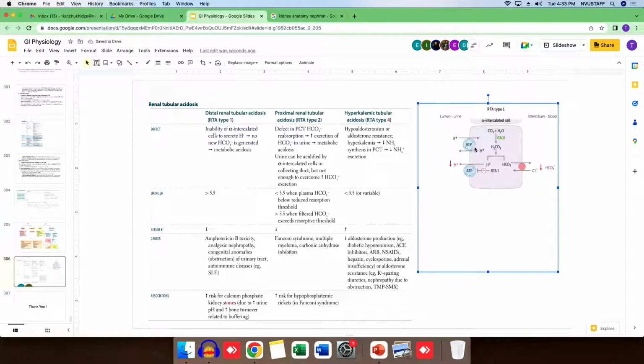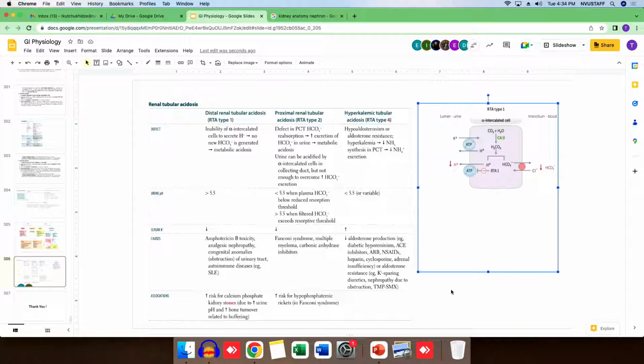Our intercalated cells cannot secrete H pluses, so new bicarbonate cannot be reabsorbed, and the pH of our urine will be more than 5.5. Potassium level will drop, and this can be caused by drugs like antifungal drugs, some nephropathies, or obstruction of the urinary tract. Complications include the risk of calcium phosphate stones mostly, since the urine pH is high.